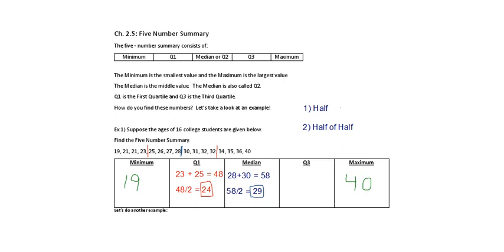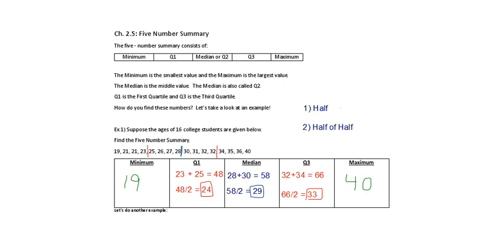And now I'd like to do the same thing for Q3. So Q3 is the second red line. So I'd like to add 32 and 34 together, which is 66. And then I'd like to do 66 divided by 2, which is equal to 33. So Q3 is 33. And that's our 5-number summary.